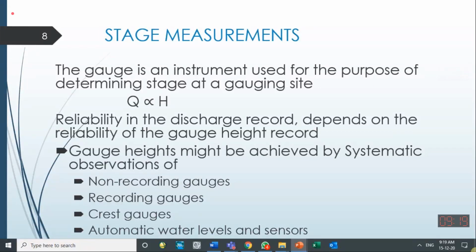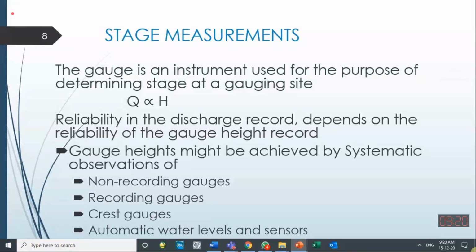Reliability in discharge record. Because discharge is dependent on H, elevation or stage, and as I have told you, most of the time we don't measure discharge directly in the stream. We have the rating table, the rating curves available with us, and we only measure the H or stage of the water on a certain day.